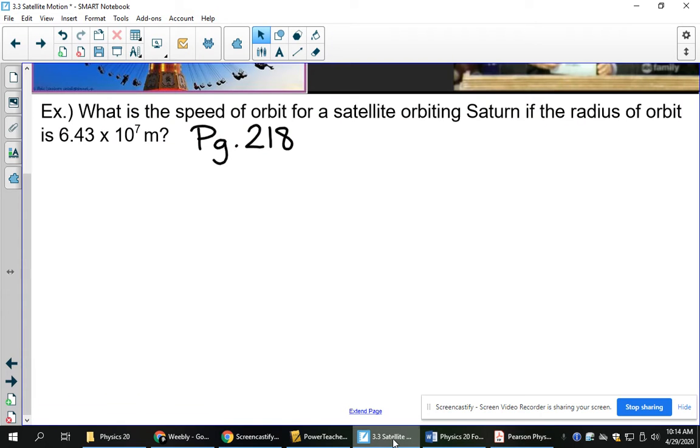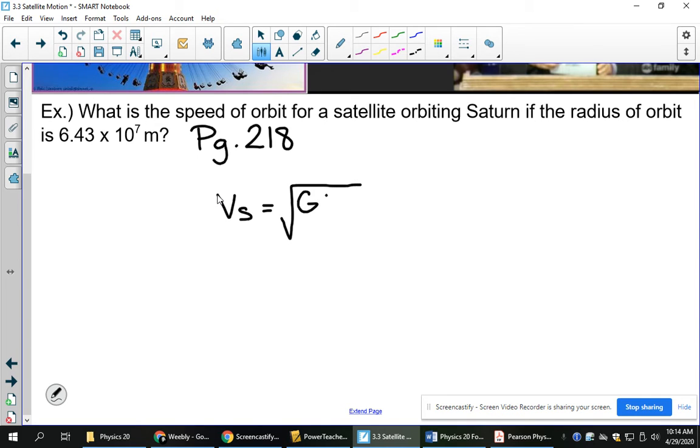We're going to need to use those numbers in a lot of these questions, because if we want to figure out the speed that a satellite will orbit using the equation that we just created, we need two numbers. We need the mass of the body it's orbiting, and we need the r value from the center of the object to the satellite. So what's the speed of orbit for a satellite orbiting Saturn?